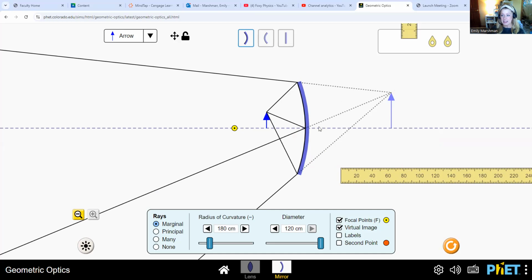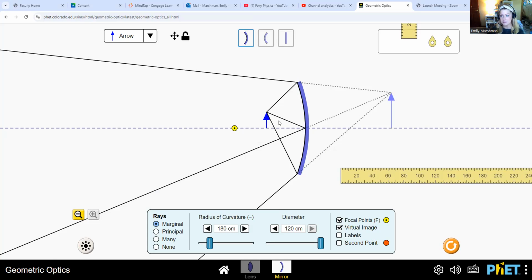When you get a negative value for the image distance, what that is telling you is that the image is called a virtual image. Notice that the light rays bounce off of the mirror, and the light rays never actually converge over here. But it does appear like they converge behind the mirror. If you extend those light rays backwards, it appears as though the light rays are coming from behind the mirror, even though there's really nothing behind the mirror.